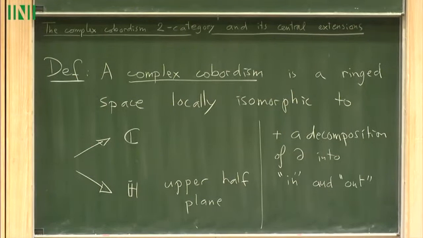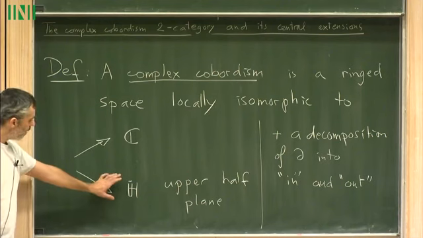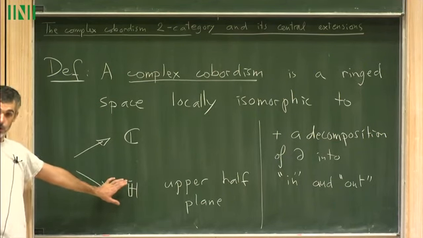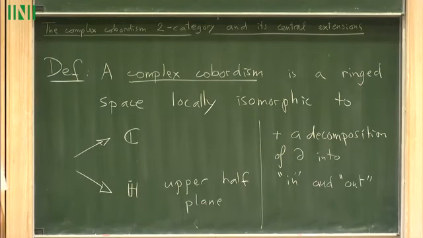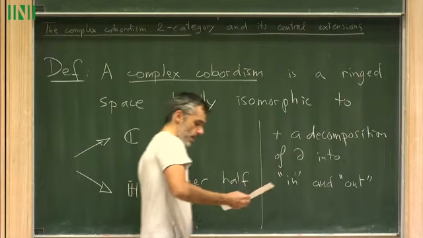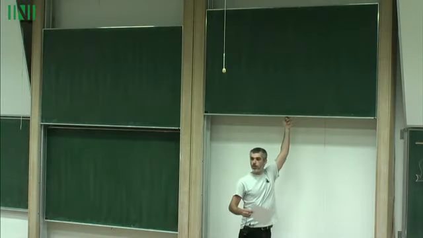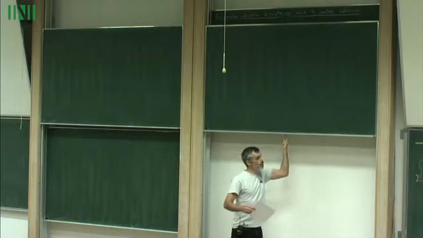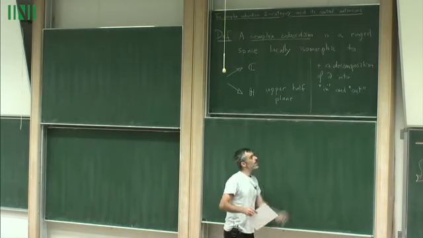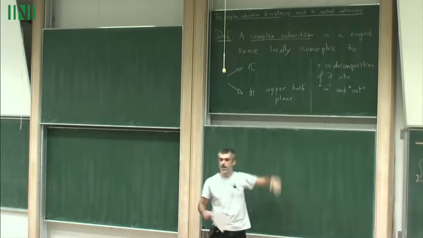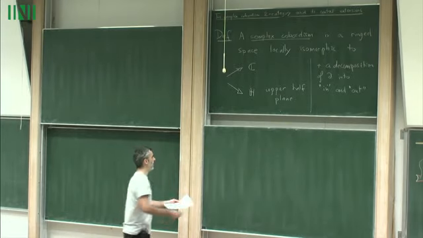Here I told you what sheaf I put on the complex plane. I should tell you what sheaf I put on the upper half plane. So I'm going to give two equivalent definitions of this sheaf, and I'm going to phrase the equivalence between those two definitions as a technical lemma.